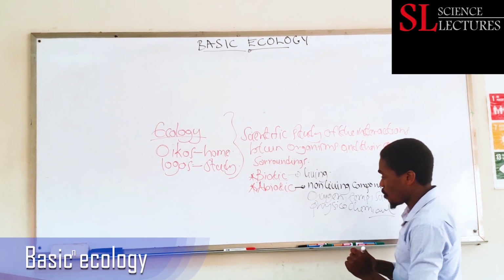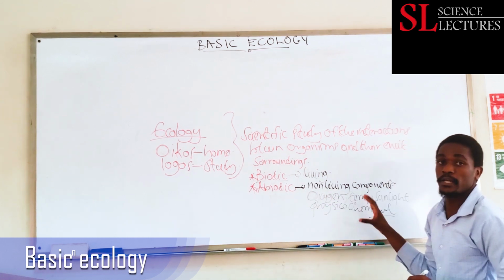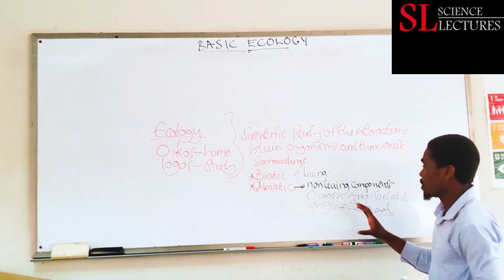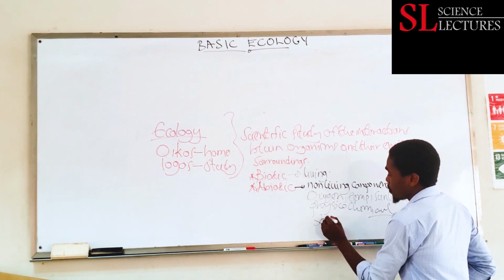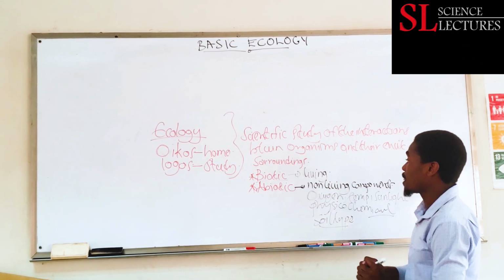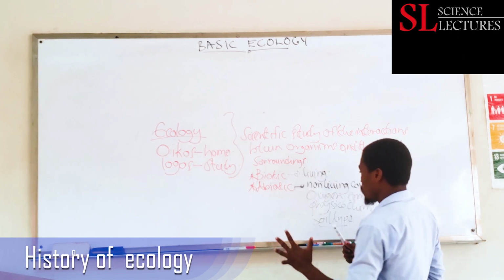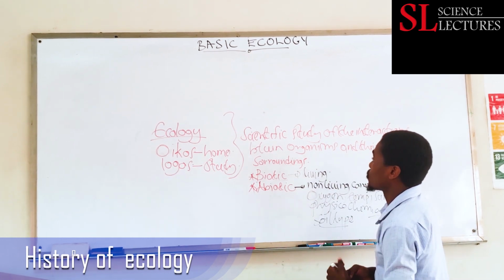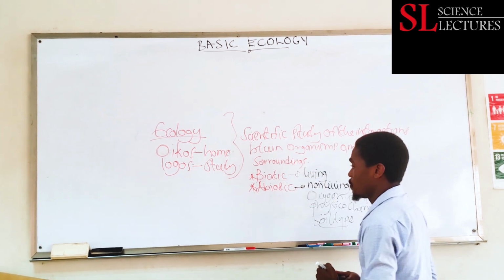Under the abiotic components we have examples like oxygen, temperature, sunlight, and physicochemical parameters. We can also have soil type or rock type as an abiotic component. Under the biotic, we have other interactions like predation. So this is it basically for the introduction and the definition.